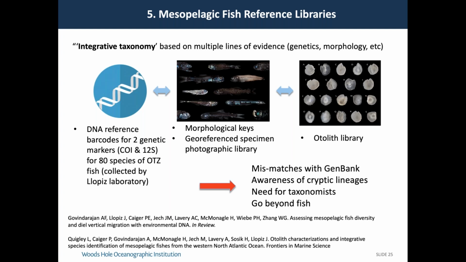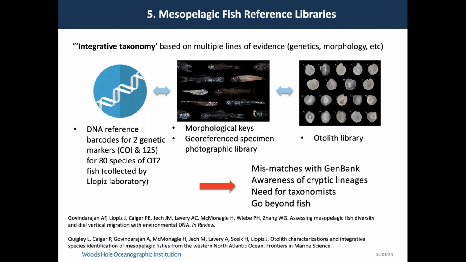We have a couple of works, one recently published, one in review, where we've barcoded altogether 80 unique species of fish, collected by my collaborator, Joel Yopes, and we've identified them with morphology. They're georeferenced, with a corresponding photographic library.